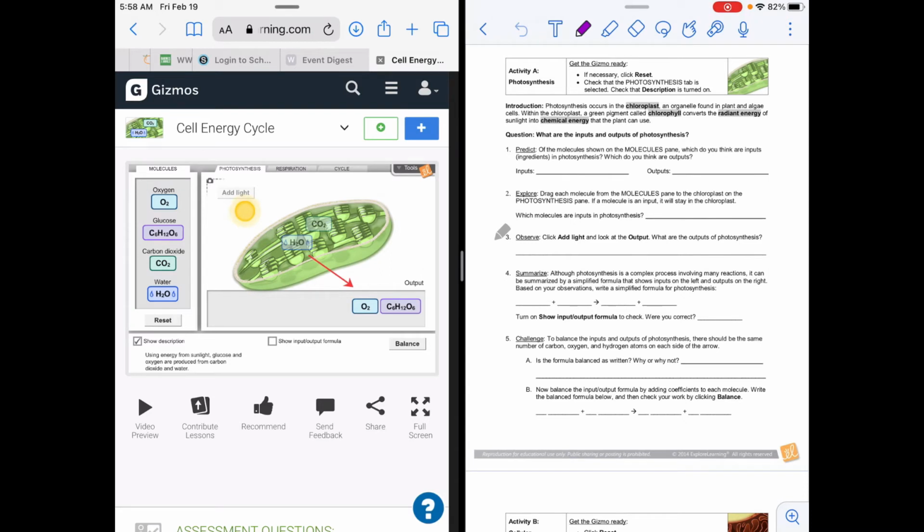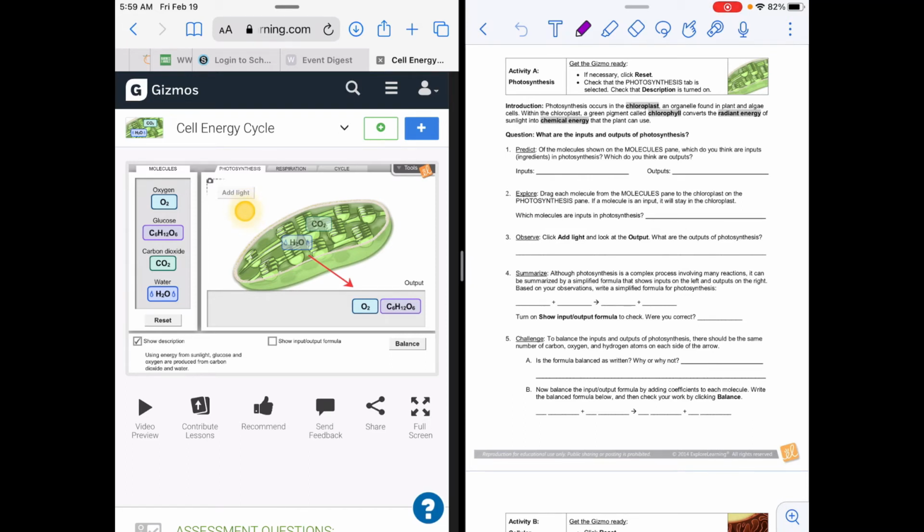Number 4 says summarize. Although photosynthesis is a complex process involving many reactions, it can be summarized by a simplified formula that shows the inputs on the left and the outputs on the right. Based on your observations, write a simple formula for photosynthesis.